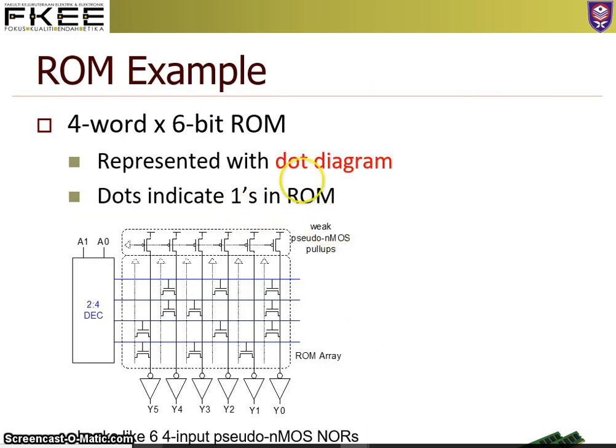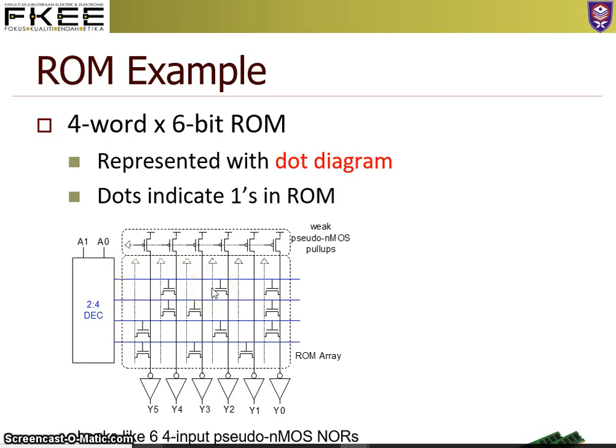This is an example of a ROM of 4 words by 6 bits, so you have 4 blue lines over here, which are the word lines. To indicate whether it is a logic 1 or logic 0, remember just now, when there is an NMOS it is a logic 1, when there is no NMOS it is a logic 0.